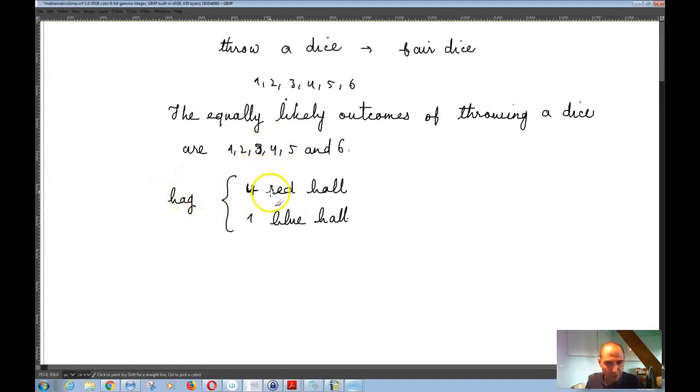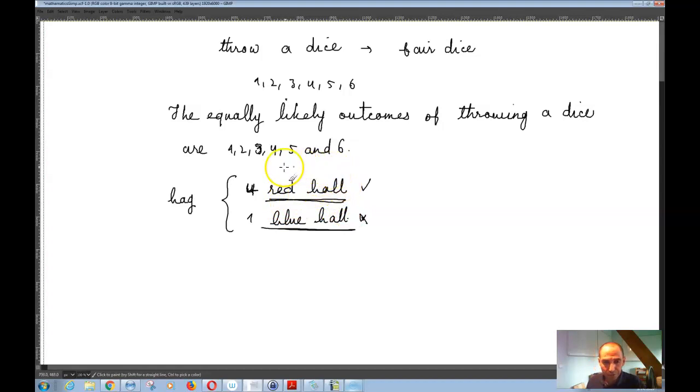When you do this experiment, of course you would agree that you would be more likely to draw a red ball than a blue ball, because there are simply more red balls in the bag. So this experiment does not have equally likely outcomes. The outcomes, the red ball and the blue ball, are not equally likely.